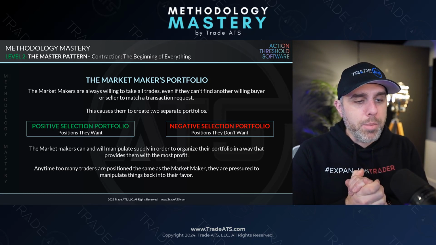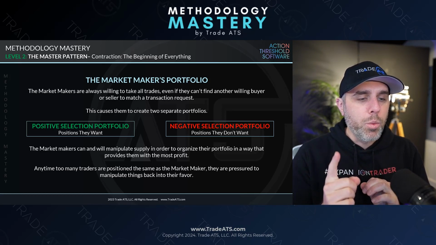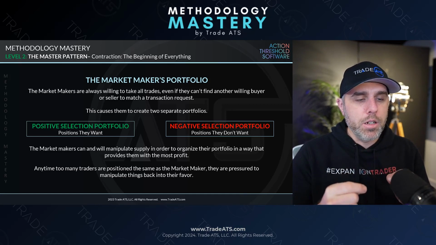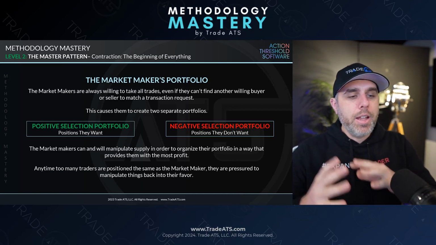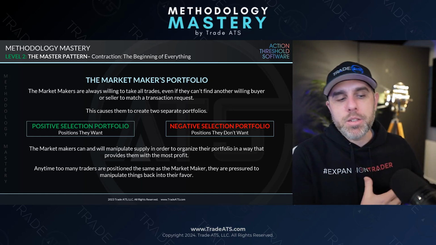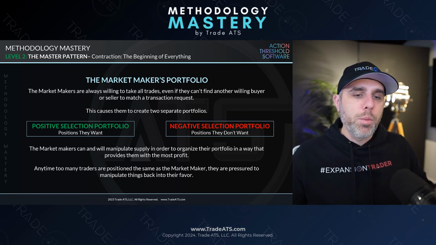But the problem is, if they legitimately know the market is going to go higher, as they are not able to organically match all the buyers and sellers, they end up becoming net the opposite. So if there's a huge buying demand, they're becoming more and more net short. That causes a problem because if the market really truly is going to go up, they've got to unwind this somehow. And so that's where we end up with our positive and negative selection portfolio.